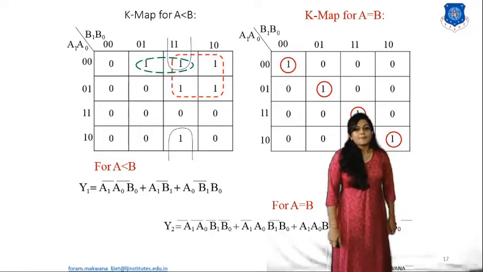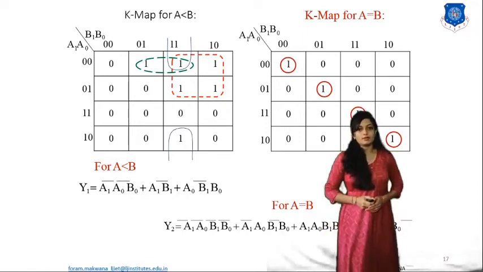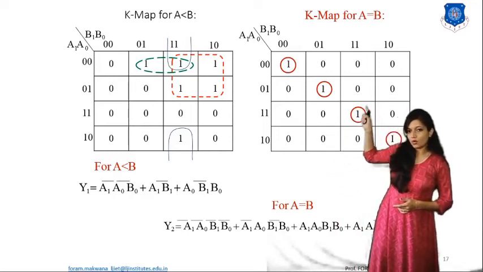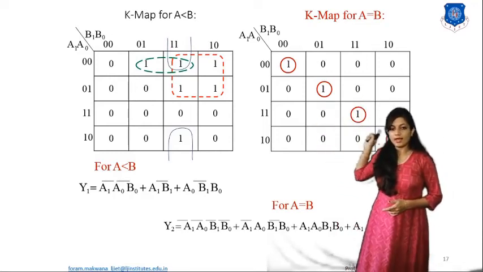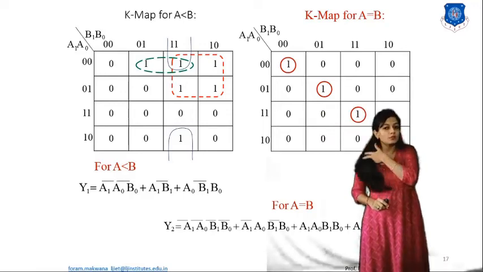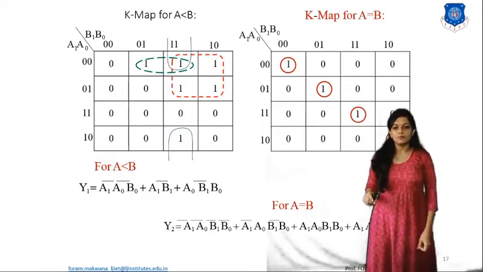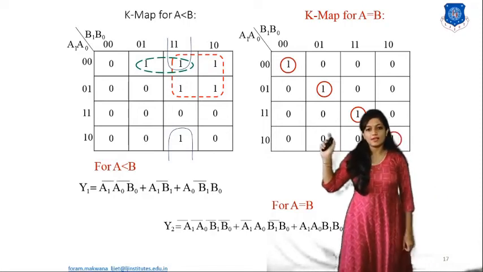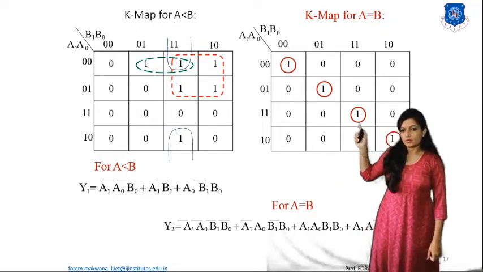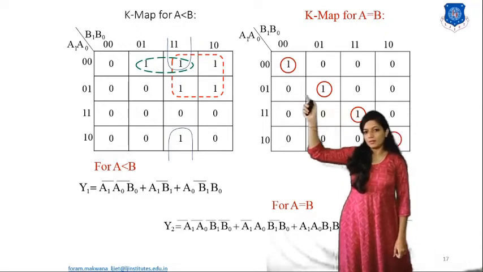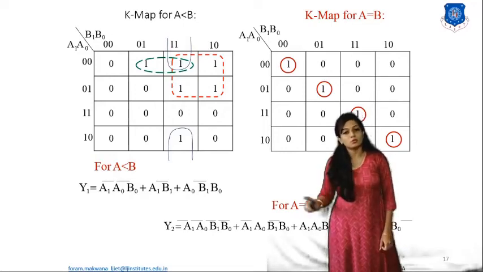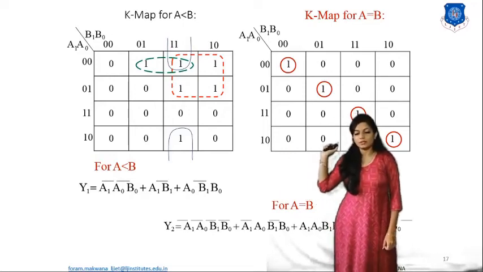We can't make a group of all these ones as they are diagonal. Making such a group will not satisfy the rules for the K-map. That's why all these ones are left as they are. They can't be grouped with any other one.